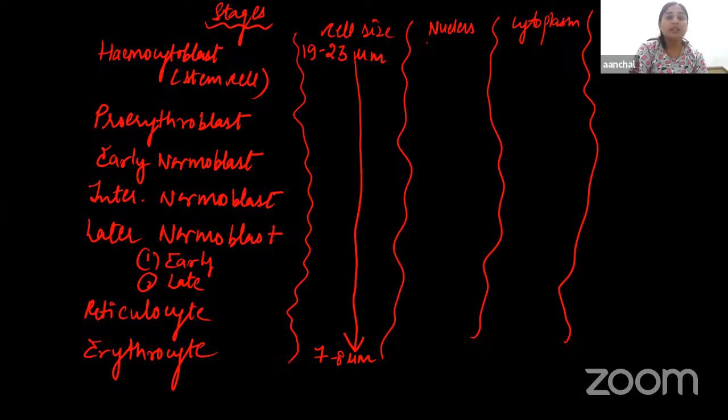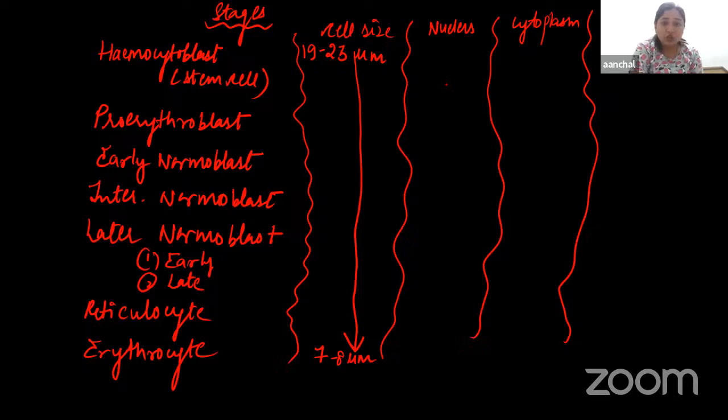Okay, then the size of the nucleus also decreases, right? The size of the nucleus decreases because in the mother cell, meaning the stem cell, the nucleus is present, but as we have discussed, in the erythrocyte the nucleus is not present. So as the stages proceed, the size of the nucleus will also decrease, and one stage will come where finally the nucleus disappears. So what is that stage where the nucleus finally disappears?